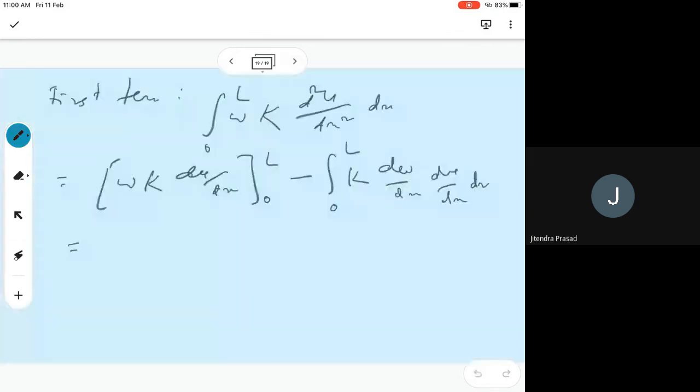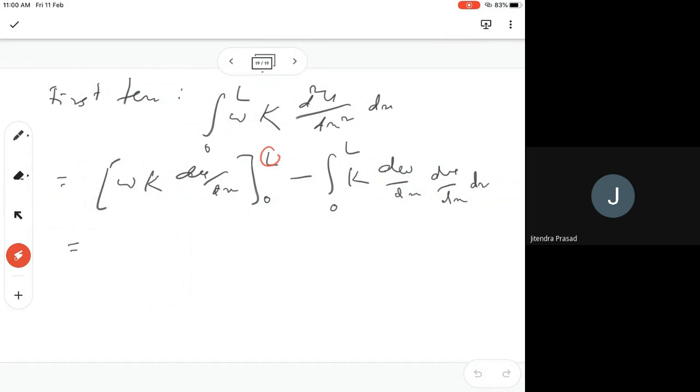If you put this value here, W(L) becomes 0, this also becomes 0, so the whole boundary term will be 0. So it is equal to simply minus integral 0 to L of k dw over dx du over dx dx.